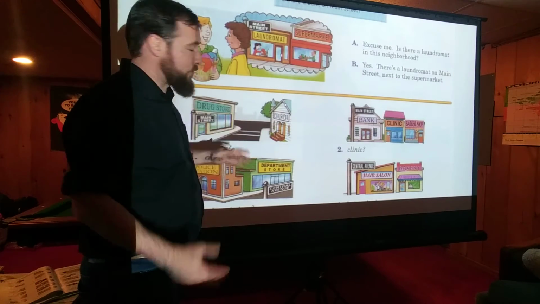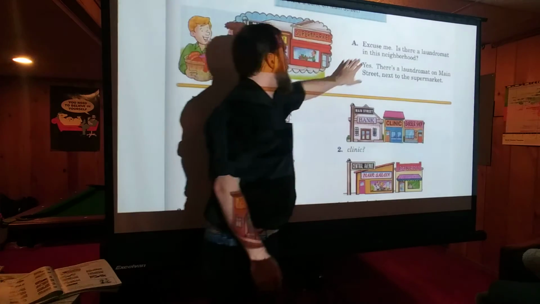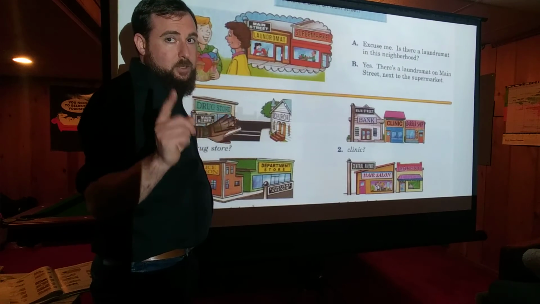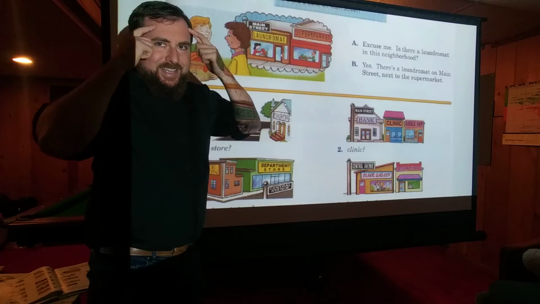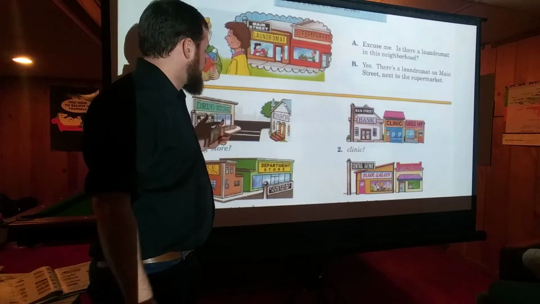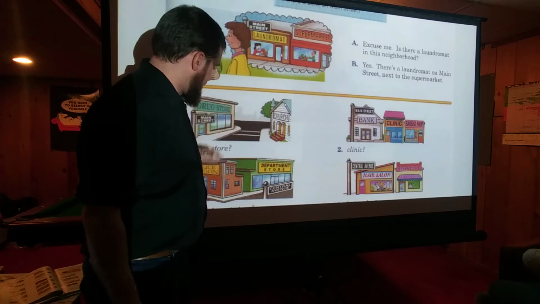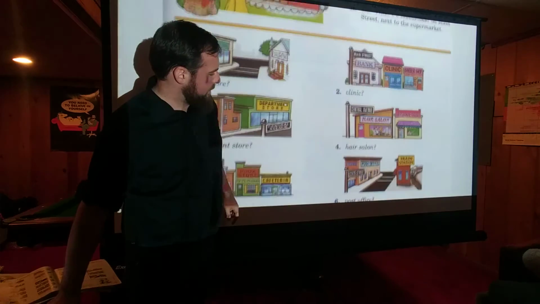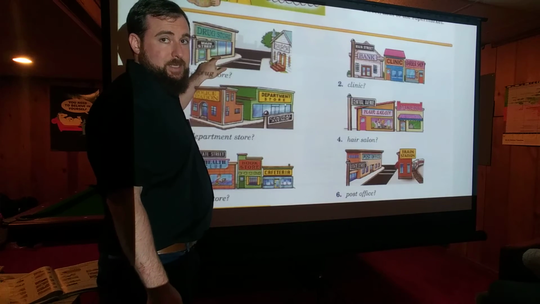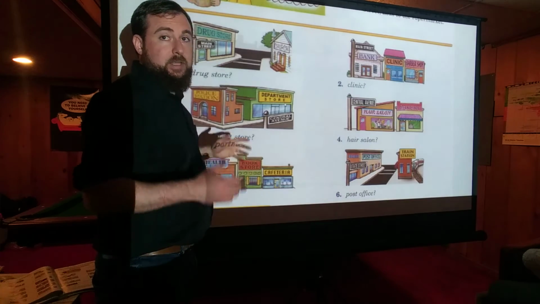Get it? You're going to write sentences like these, but about these pictures. So you got to look at the pictures, and you got to think in English, which is what I like about this exercise, okay? So, you got 1, 2, 3, 4, 5, 6. You're going to write a question and an answer, and then you're done.